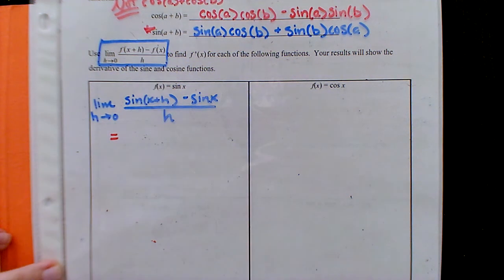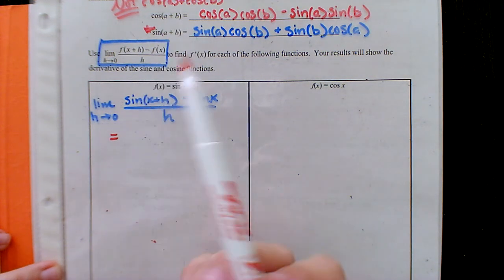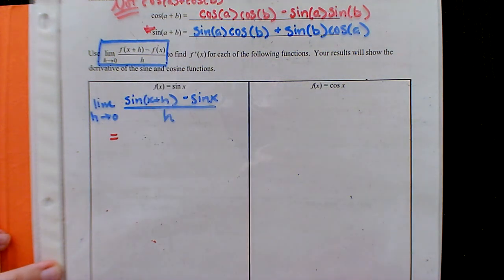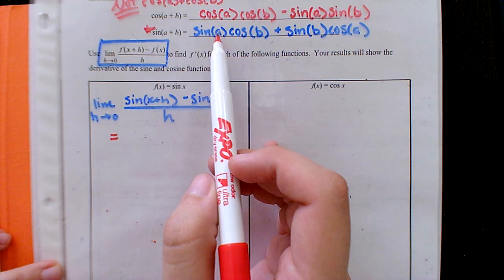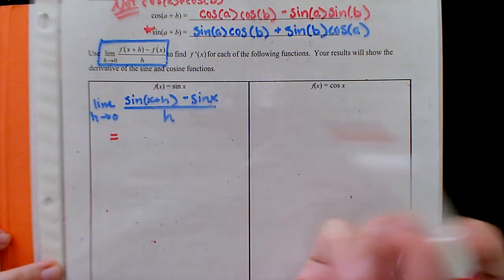Let's go ahead and use the second identity. Yep, we're adding two things. Now, this identity has A and B in it, but notice how we're dealing with x and h. The same idea is going to apply. We're just going to have x's and h's instead of A's and B's.